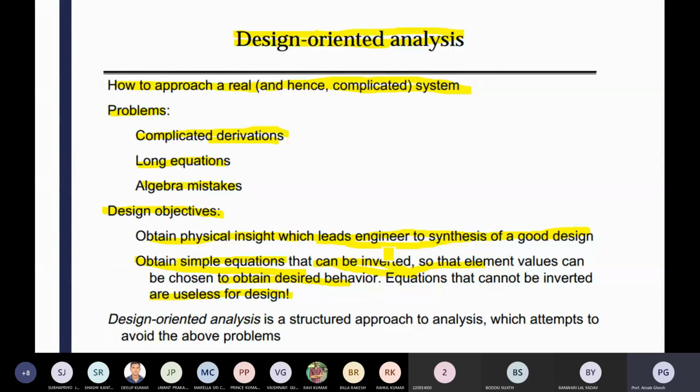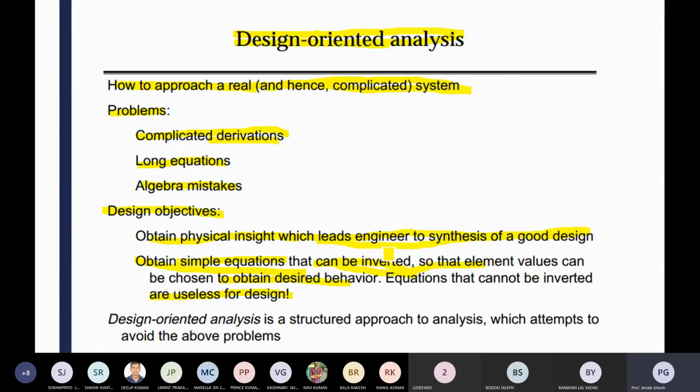Then you can go for the designing purpose. But if you invert the boost or buck boost converter transfer function, it will automatically be unstable. Your right half plane zero becomes a right half plane pole after inversion, and that may cause instability.